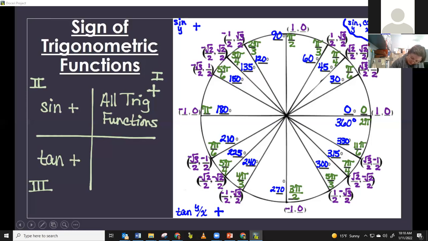And what about in the fourth quadrant? Sine, cosine, tangent. What is going to be positive in the fourth quadrant? Cosine, yes.